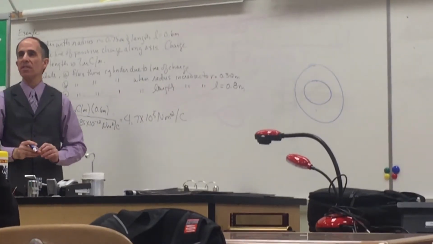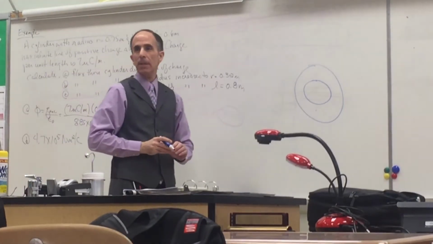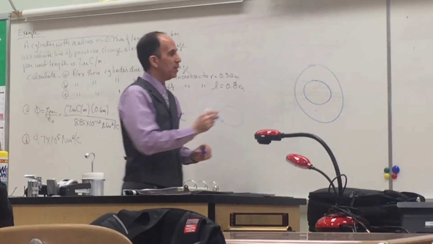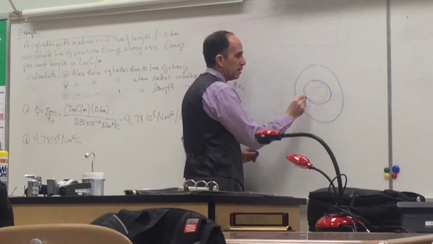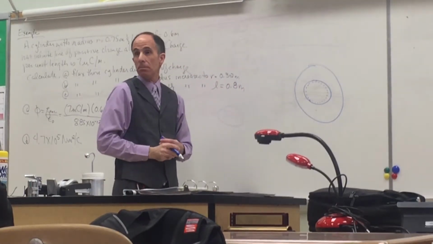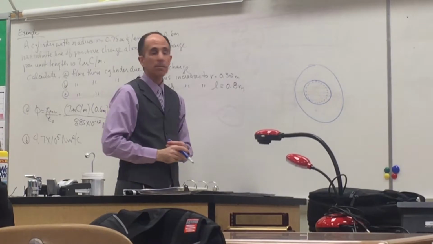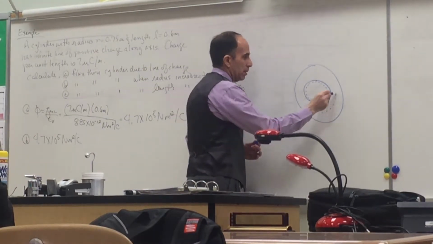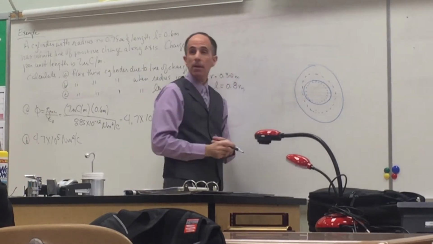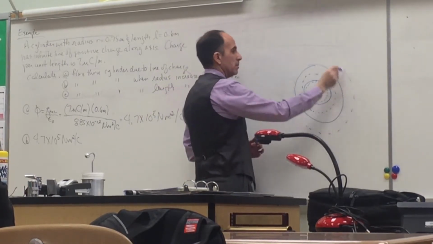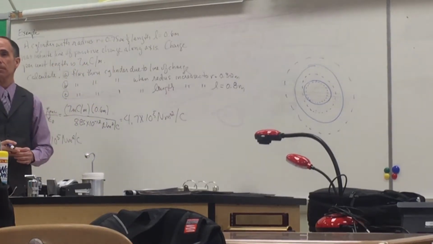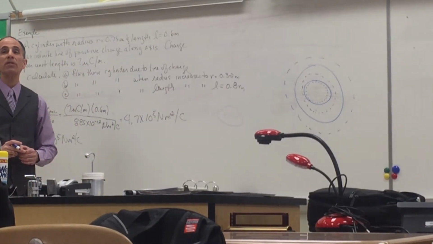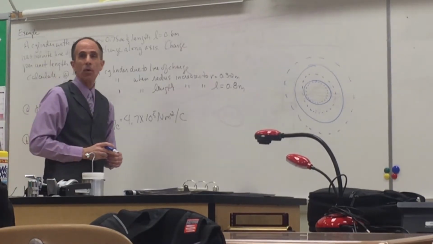Let's say you had a solid sphere with a cavity in the middle. I could put the Gaussian surface there. It depends on where you want to know the flux, the electric field.